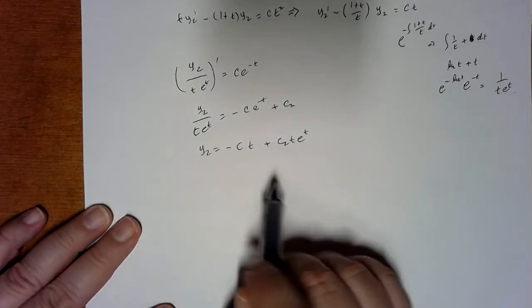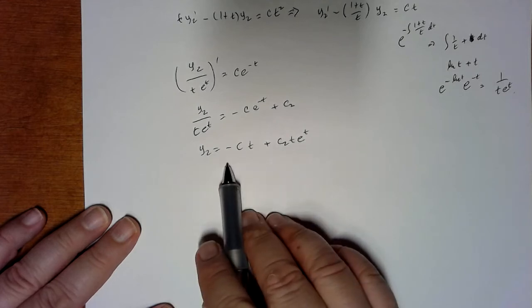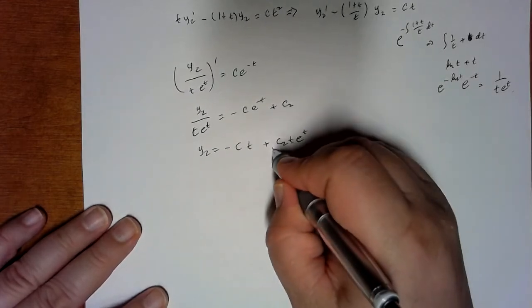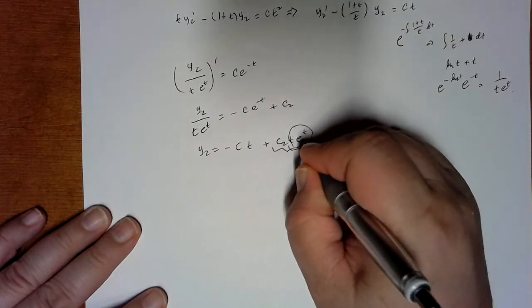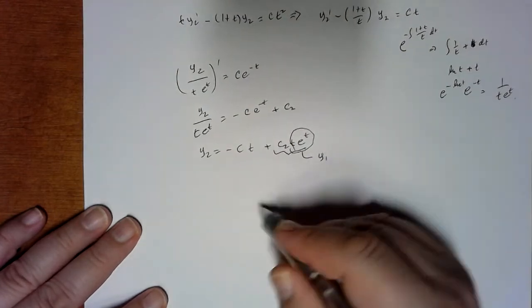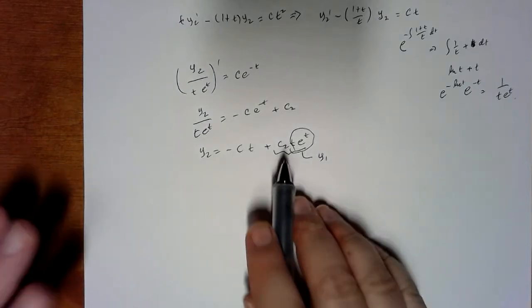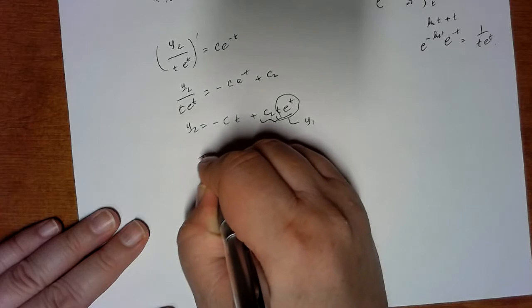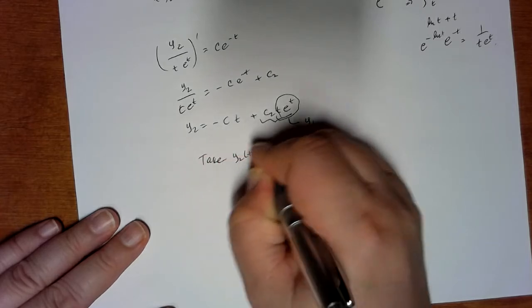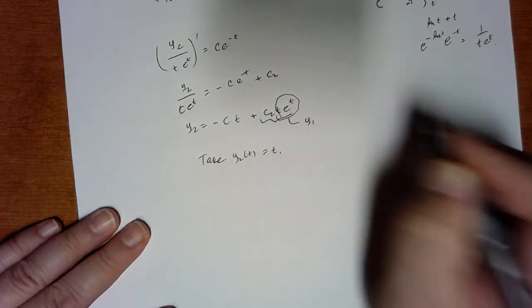So what are we seeing in this? This part right here, you might have seen that t e to the t is already taken up in y1. So if I want my two functions to be completely separate from each other, then I can just take y2 of t to be just equal to t.